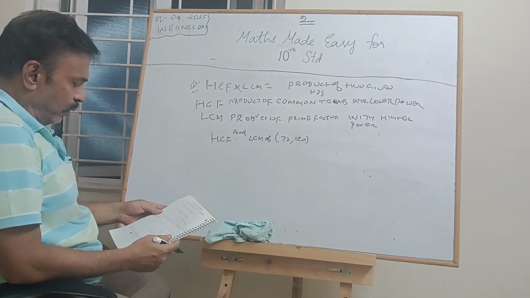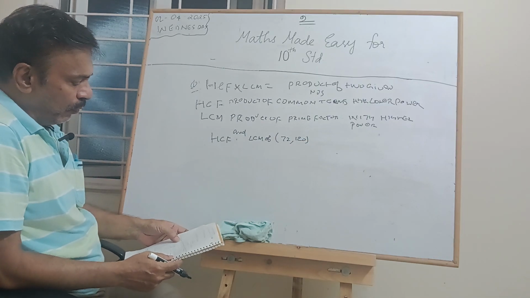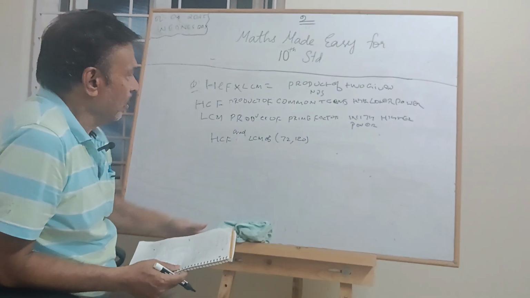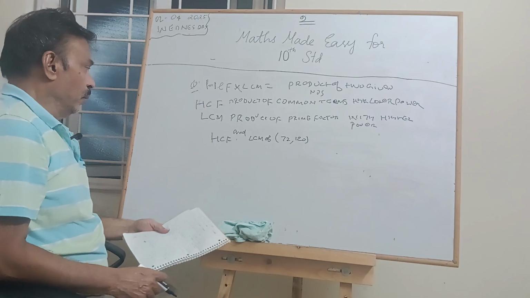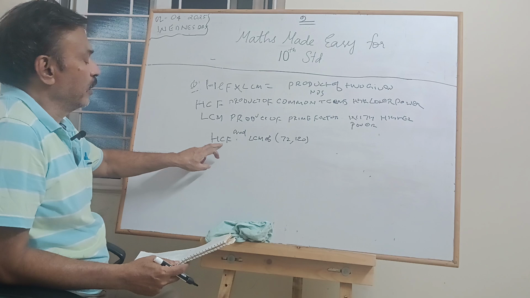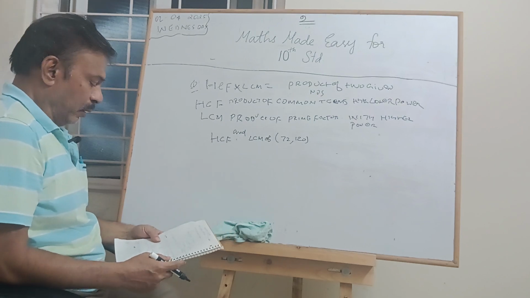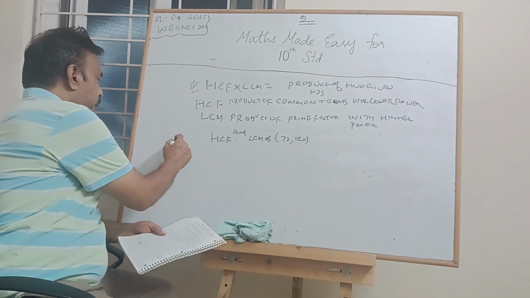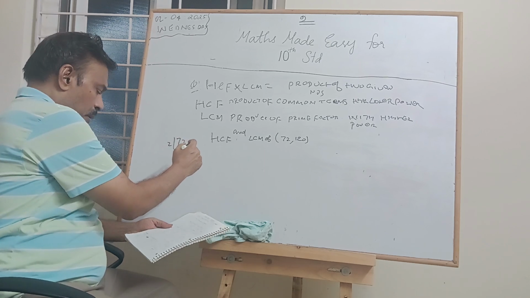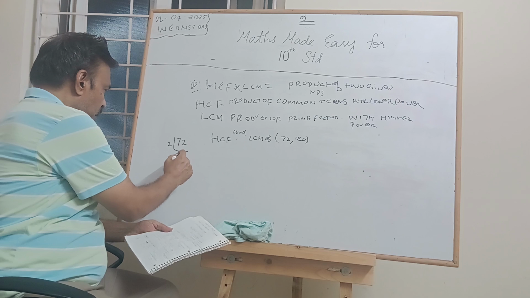We have to find out the HCF and LCM of these two numbers. You got the point. Yesterday I told you how to take the HCF. You divide 72 by 2, it comes 36.